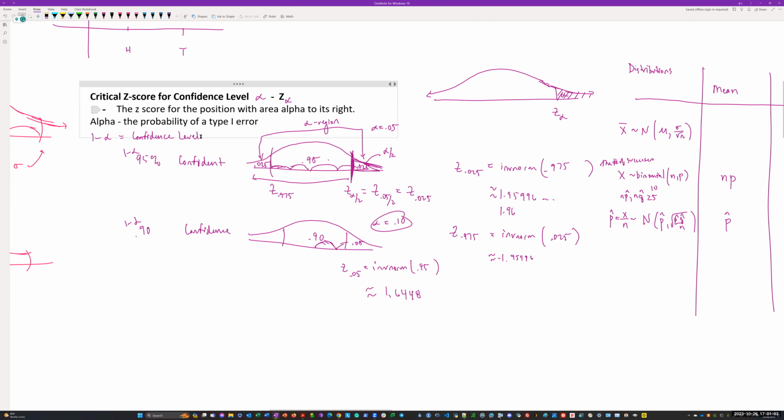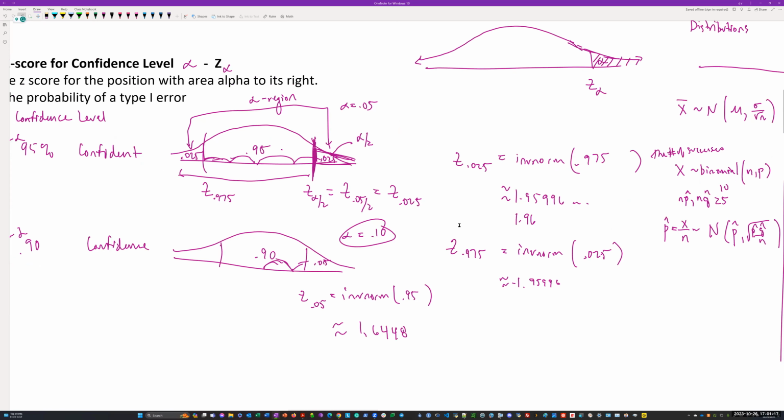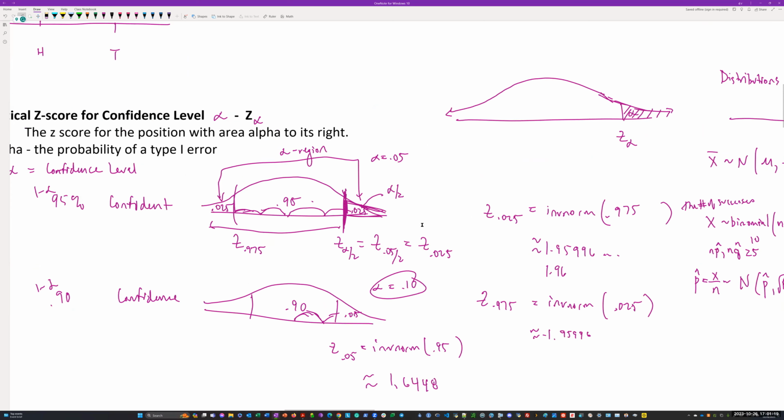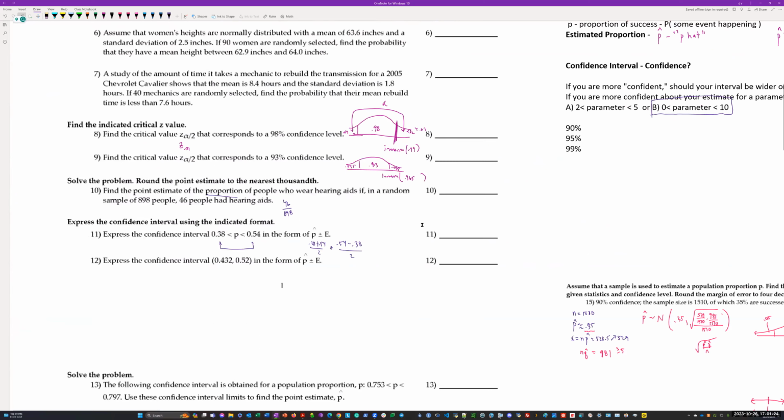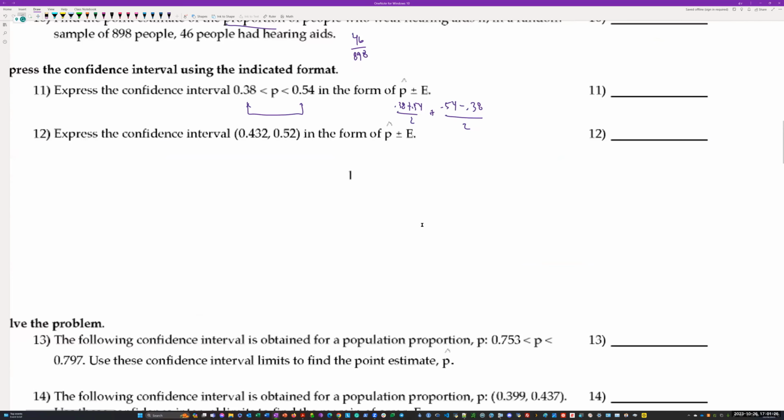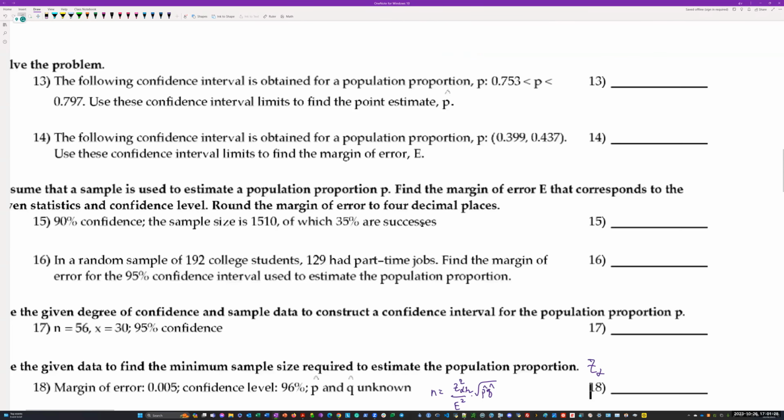Is that correct? I said that there were particular numbers that were helpful to remember. 1.96. Is that right? We did it more than once. This wasn't even from this section. This was from chapter 6. This is chapter 7, right?